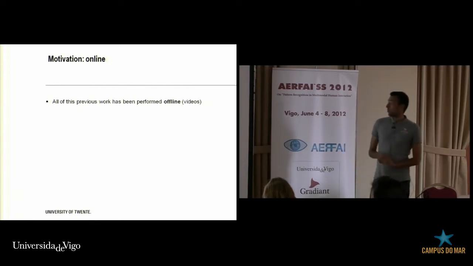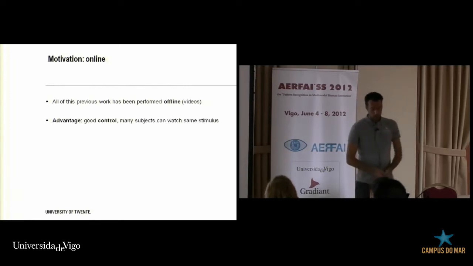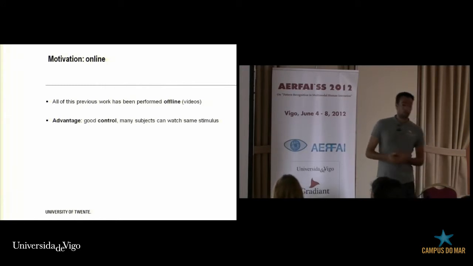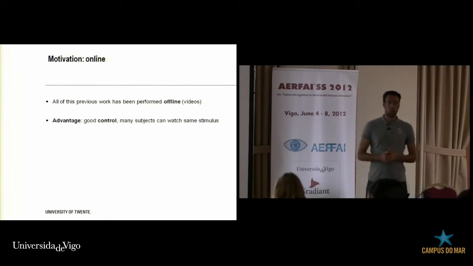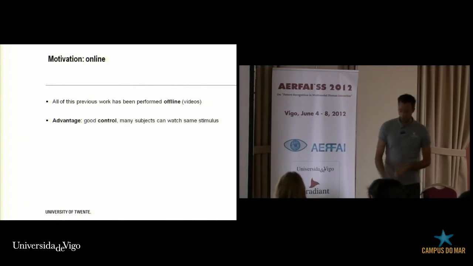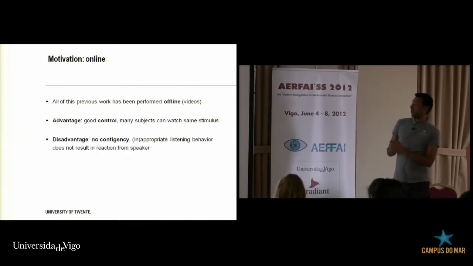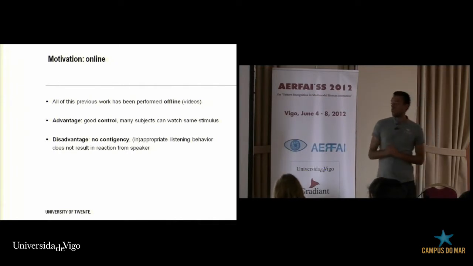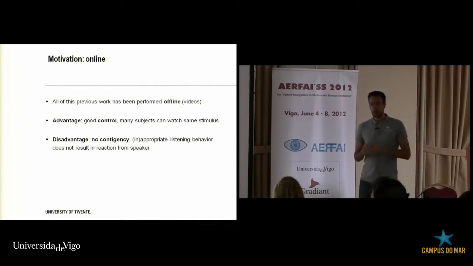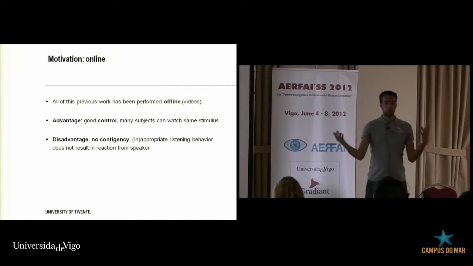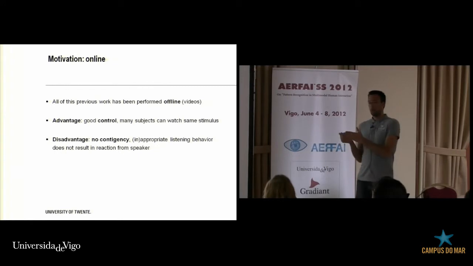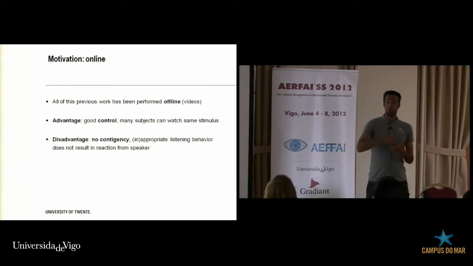The motivation is that we used videos before, and that had some advantages because we had good stimulus control, but obviously eventually you want to have online. The disadvantage of using offline is that we don't have contingency. Contingency is the fact that there is continuous conversation going on. So if the listener does something strange, then the speaker usually reacts to it.